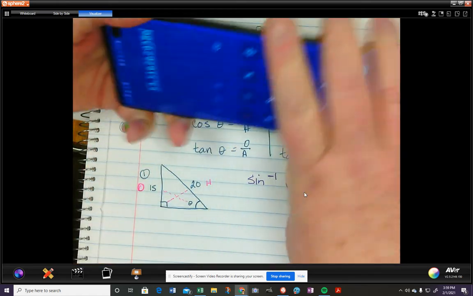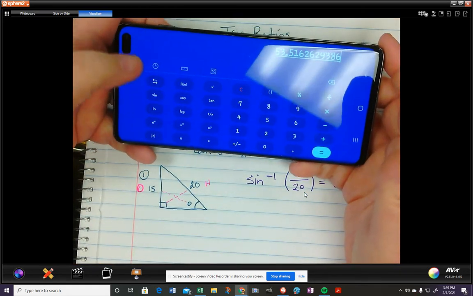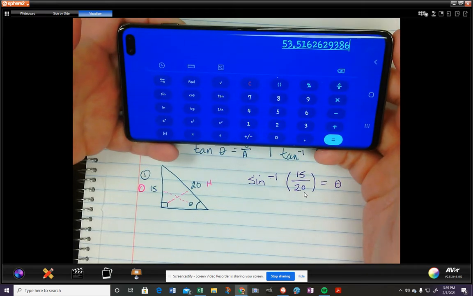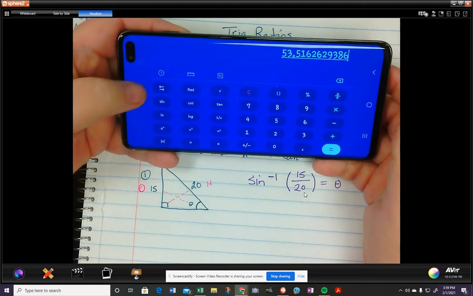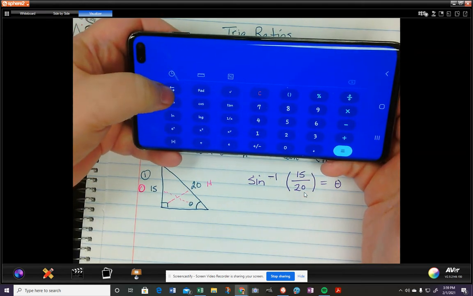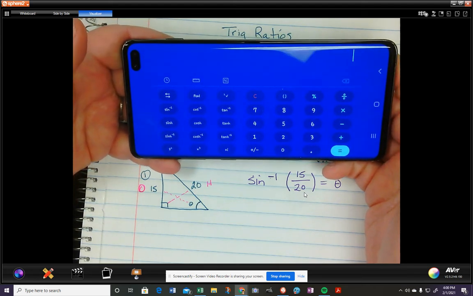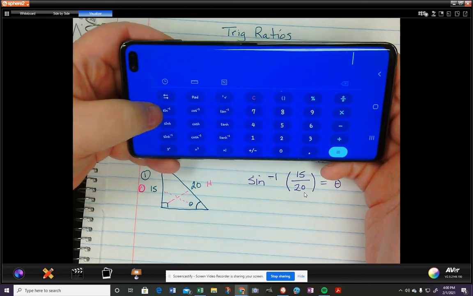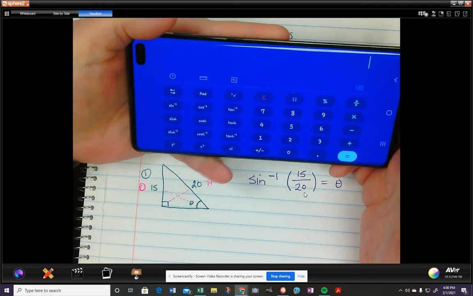Okay, so I've got my calculator. Now I have arrows up here that let me unlock different things. Right now it's on the standard form. Let me clear out what's there. If I press these two arrows right here, do you see where I've got more functions I can deal with? Sine -1, cosine -1, tangent -1. So that's what I want to use.